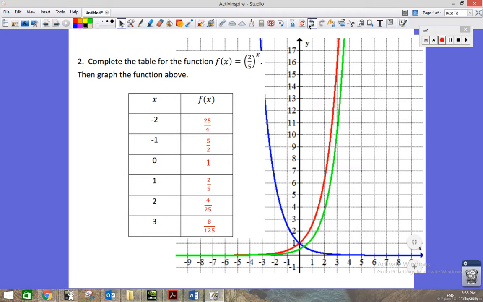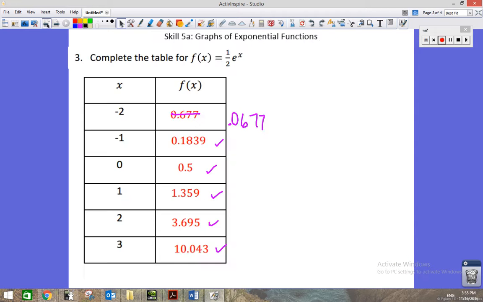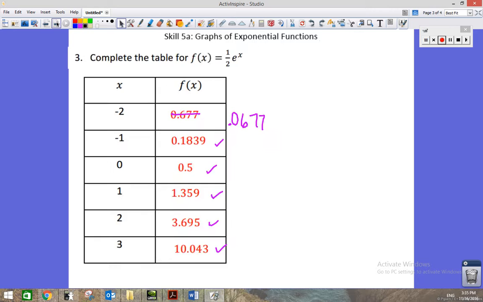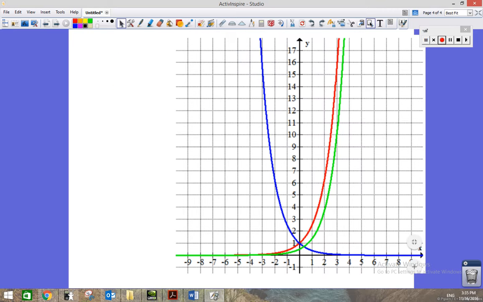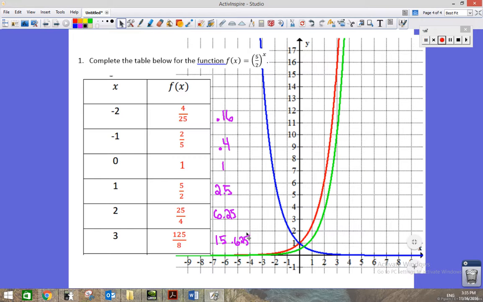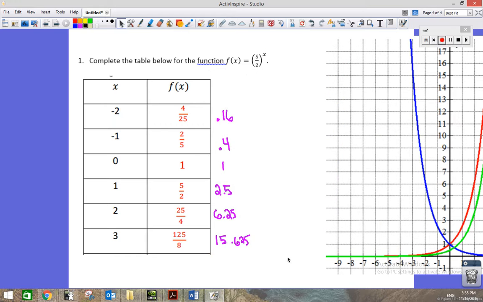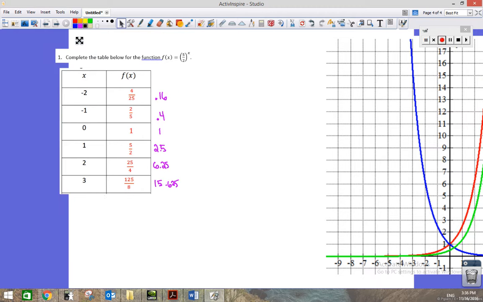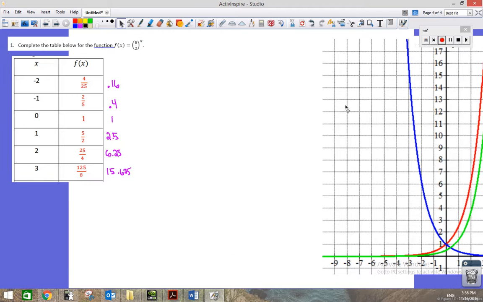Oh, that's not the one I wanted. I wanted problem 1. I probably forgot to hit this button. Okay. So if I shrink that up a little bit just to get it out of my way.